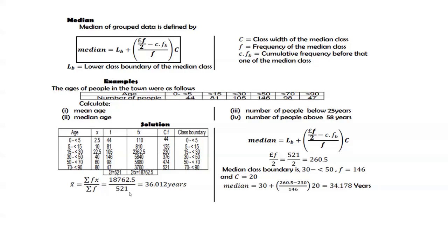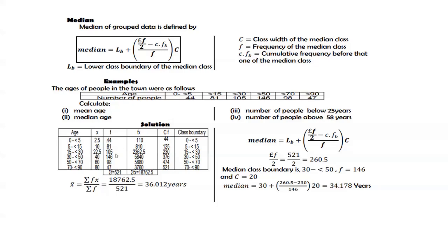Here you total the values of frequency, and you also total the values of fx. Then another column is going to be for cumulative frequency, CF. How do you generate it? You first write the first value of frequency for 0 to less than 5, which is 44. So 44, and to get the next value of cumulative frequency, you are going to cumulate them.